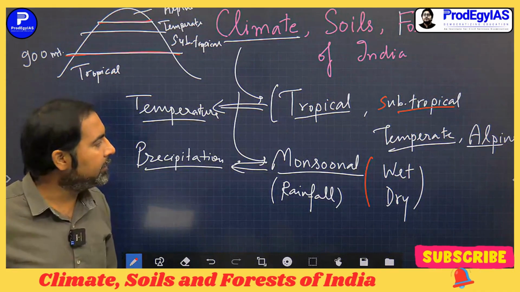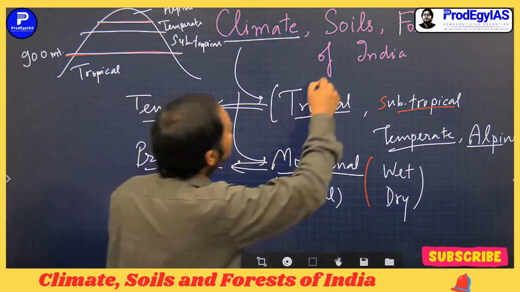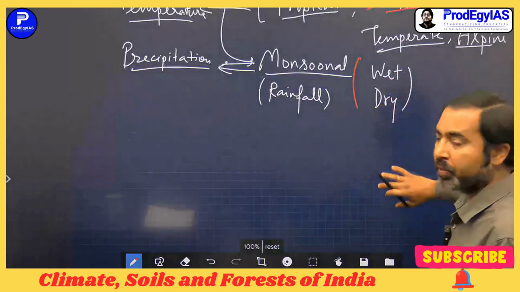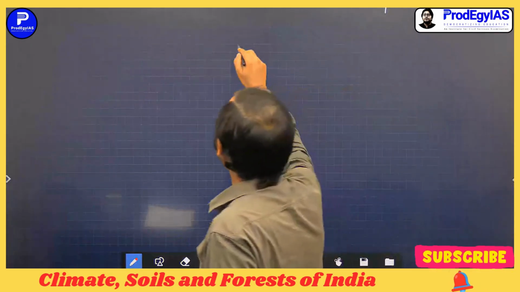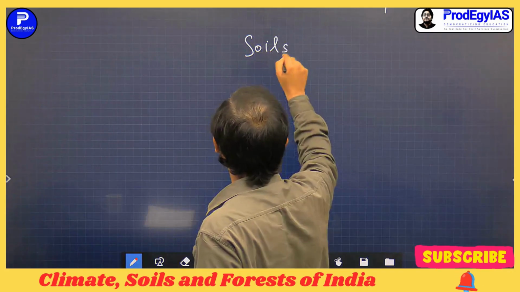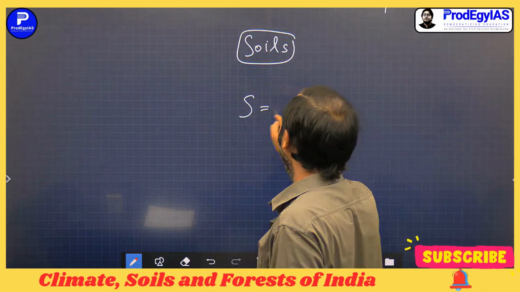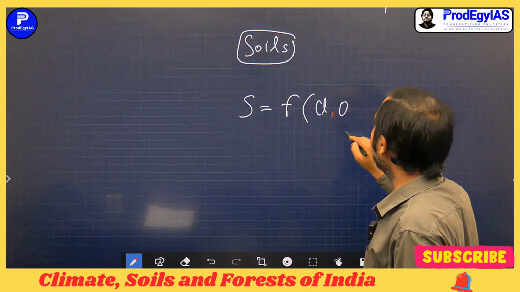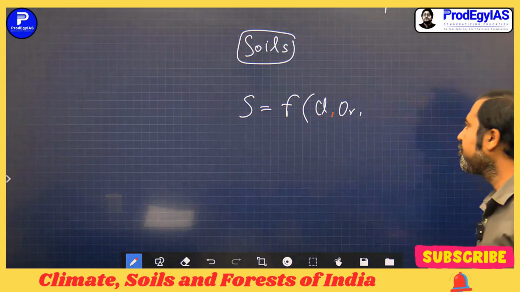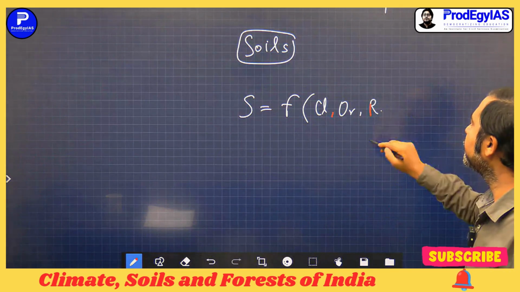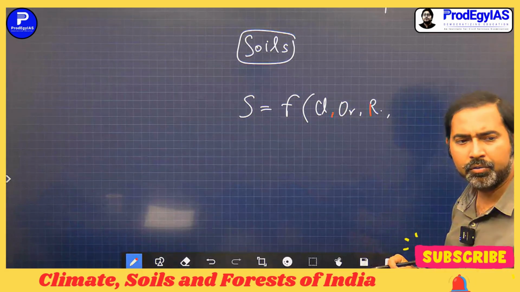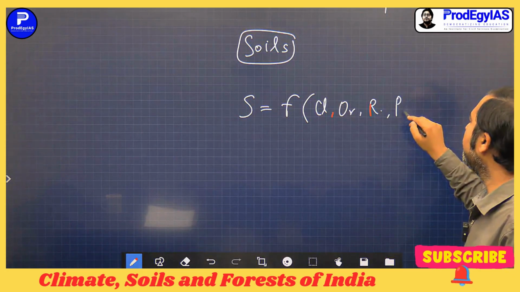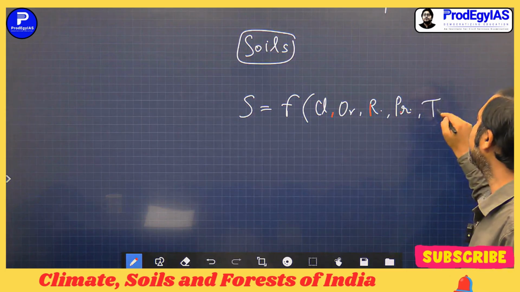And climate is the main deciding factor for soils and for forests. You know it? First, for soils. Soil is a function of, you can say, climate, organic material, relief, you can say altitude, slope, parent rock, and time.